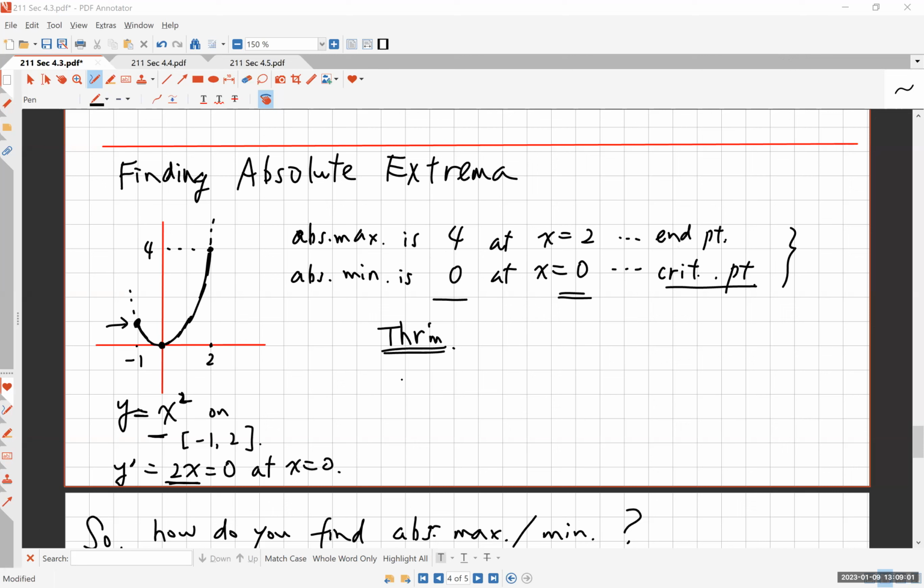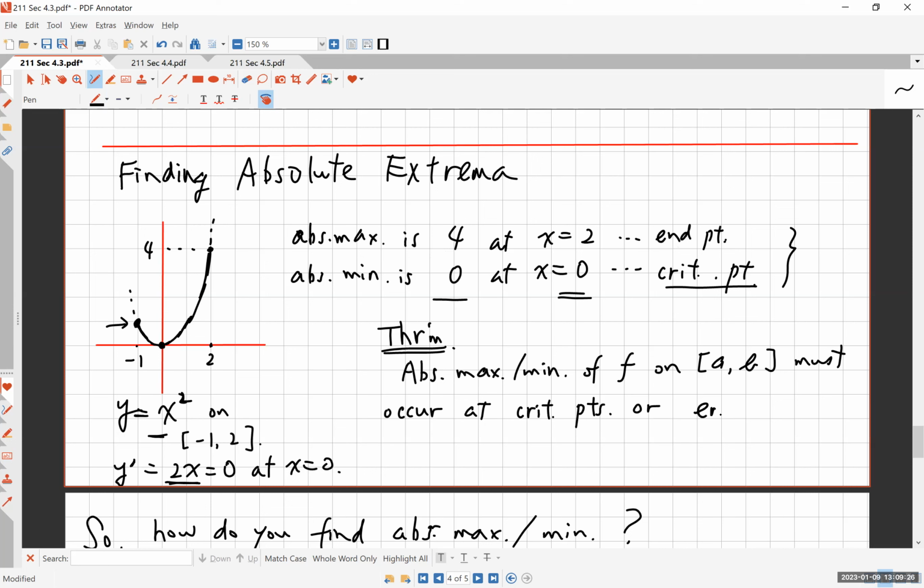The absolute maximum and minimum together are called absolute extrema. Those of f on a closed interval [a, b] must occur at critical points or endpoints, one of the endpoints, a or b.